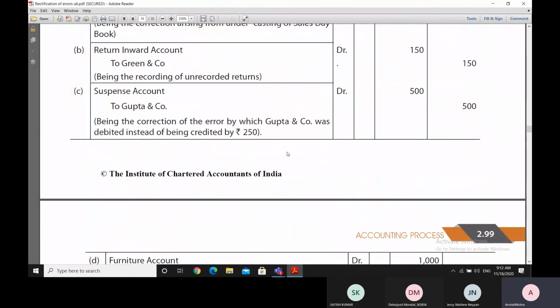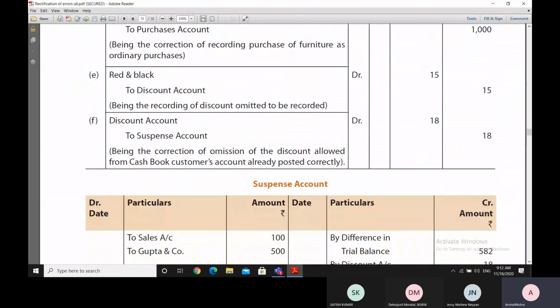And so we would have had to make a debit entry of 18 rupees in the suspense account. But now that we have discovered that it was due to the discount entry not being made, we'll make a discount account debit now and we make a square off credit in the suspense account of rupees 18.